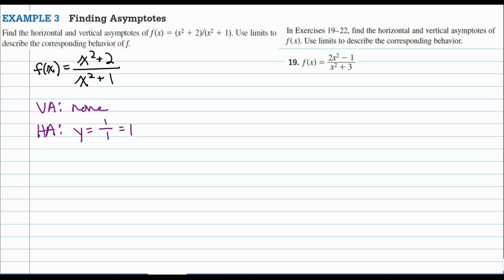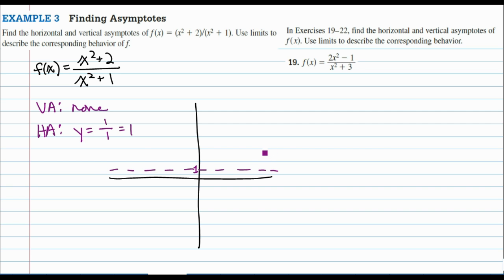Are you impressed? Okay. So now, if I have a horizontal asymptote at y equals 1, I know my graph will level out at 1 all the way to the right and all the way to the left.